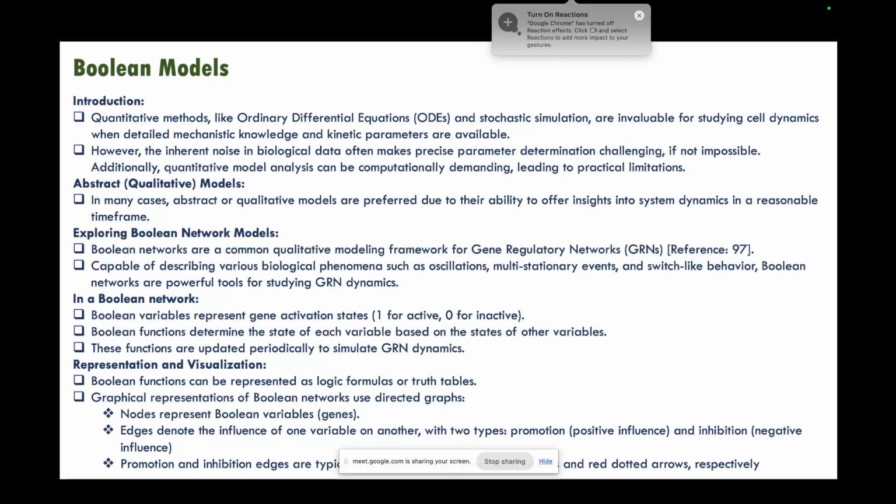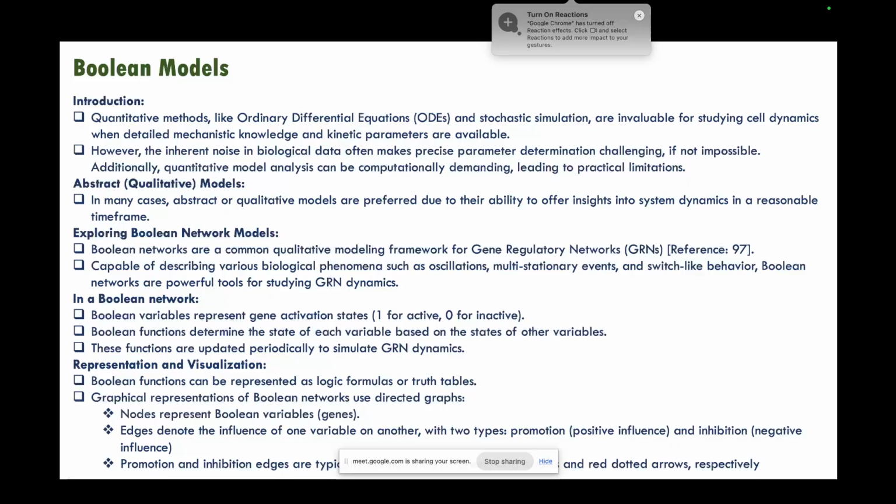Coming to Boolean models, quantitative methods like ODEs and stochastic simulation are used for studying cell dynamics when detailed mechanistic knowledge and kinetic parameters are available. However, the inherent noise in biological data often makes precise parameter determination challenging, if not impossible.